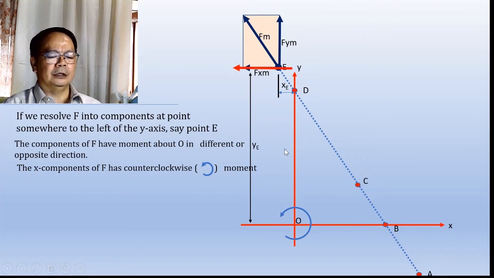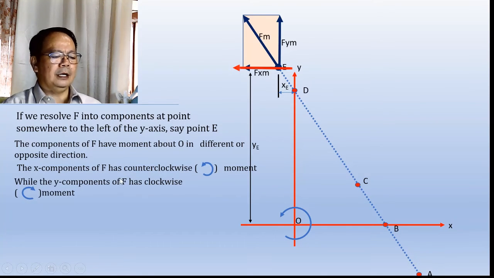While the F sub y sub m, the y component, has a turning effect in the clockwise direction. And because they are in opposite directions, one of them will be negative because it will not conform with the right hand thumb principle.